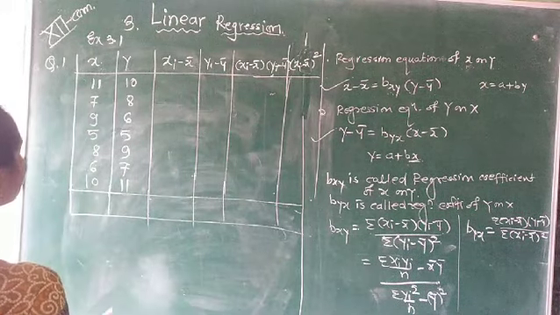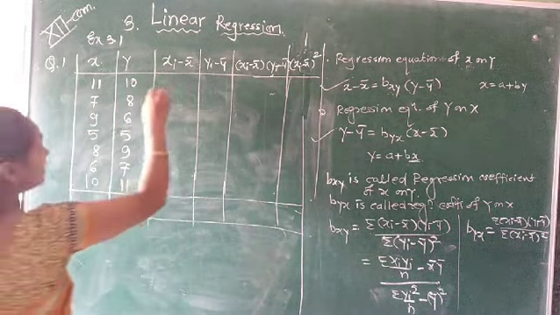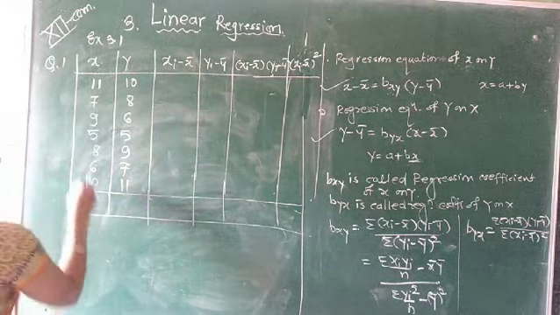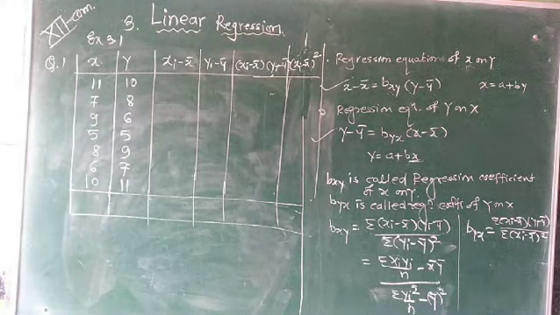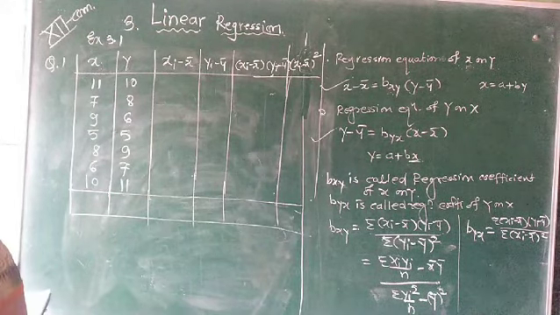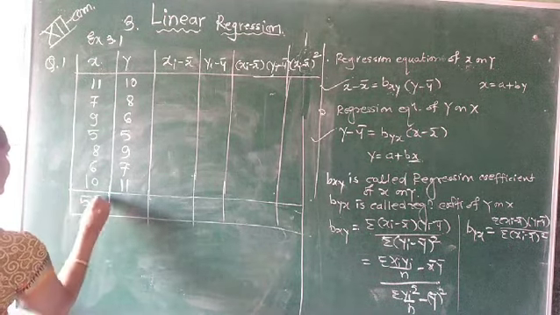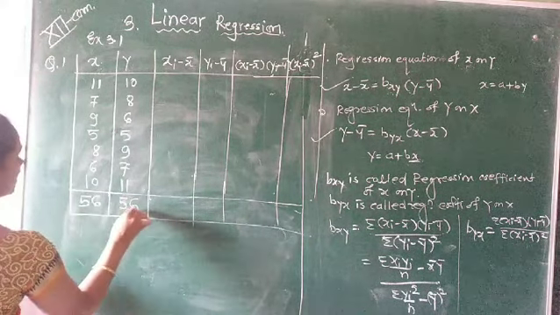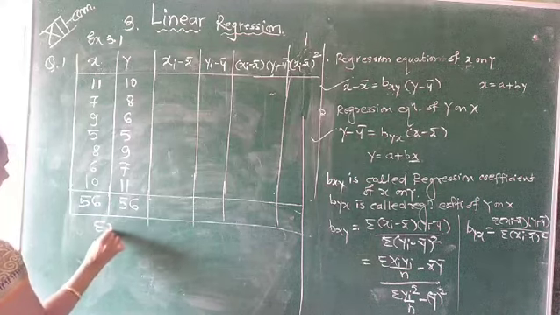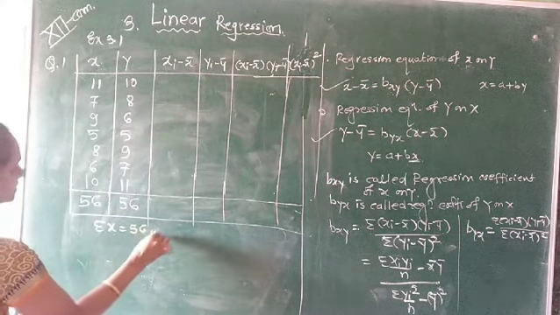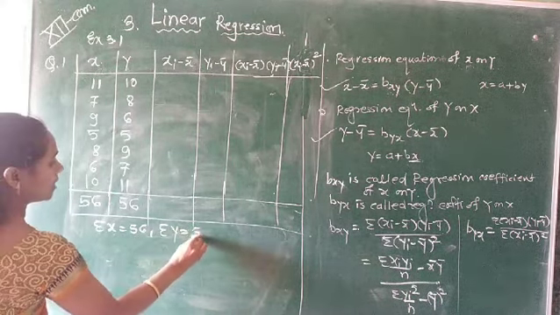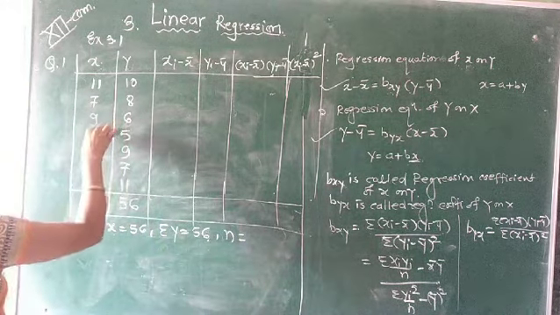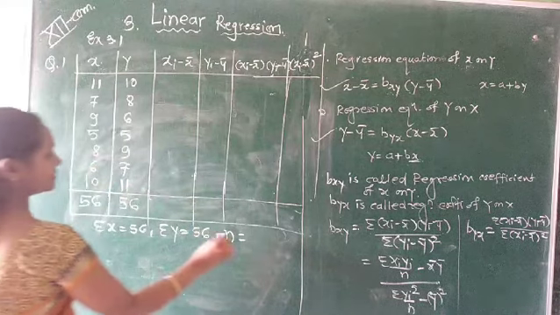So first, while finding these tables, we have to find the means x bar and y bar. So first we take the sum of x and sum of y. Summation of x is 56 and summation of y is also 56, and n is equal to the total number of observations, which is 7.